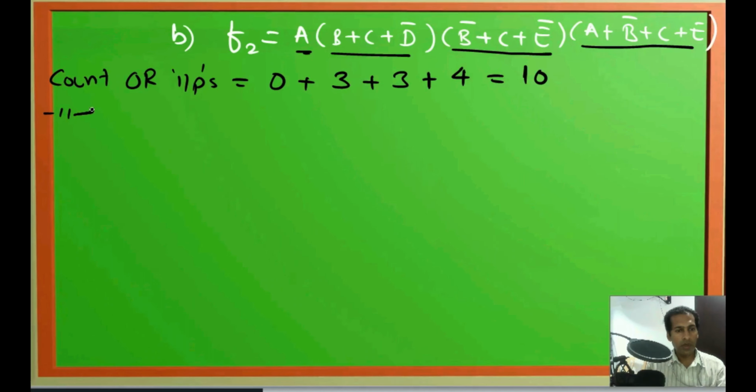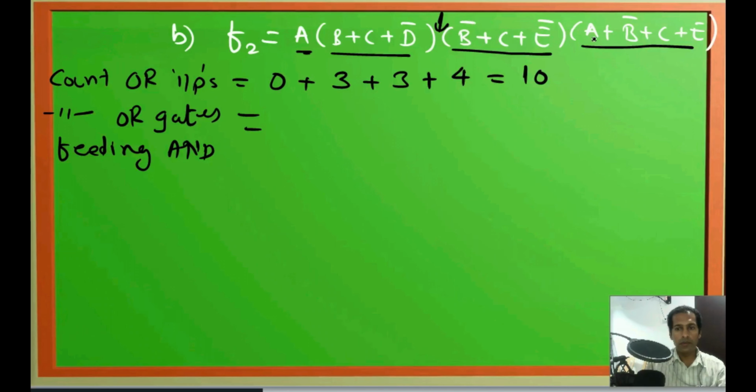Now we have to see the count of OR gates that will be connected to the AND gate. This dot is AND operation. For this AND operation we require 1 OR, addition is OR.